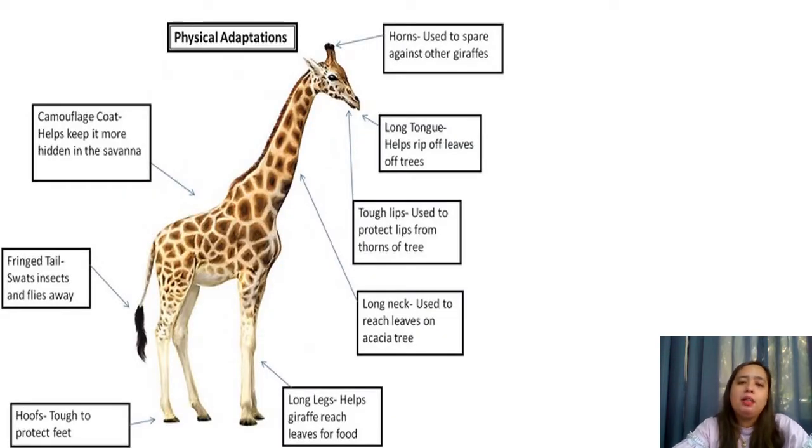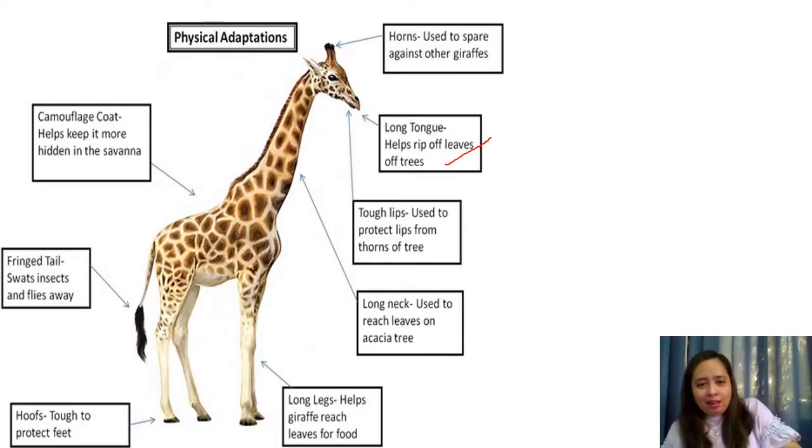No? For example, you have here your giraffe. Physical adaptations, nandyan siya. May mga horns. Yung long tongue nila helps rip off leaves of trees, camouflage, and so on. Trivia lang, no? Of course, alam niyo kay Lamarck, inunat ang leeg kaya humaba ang leeg ng giraffe.